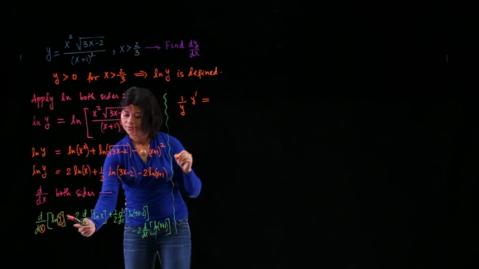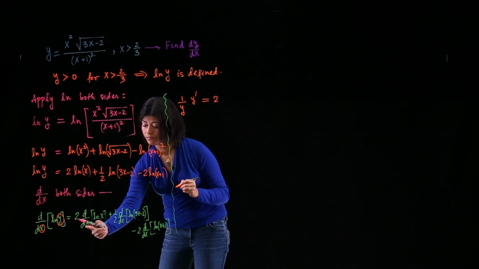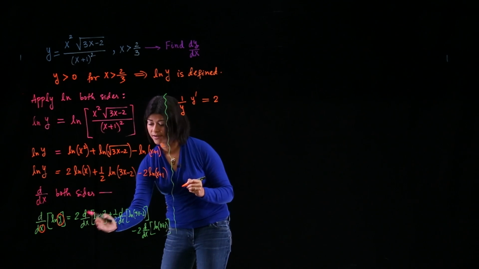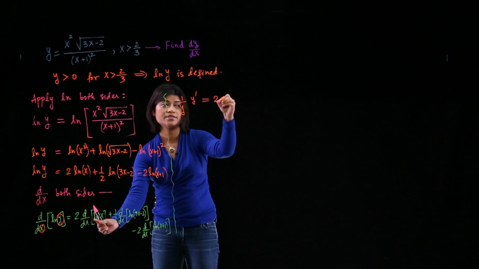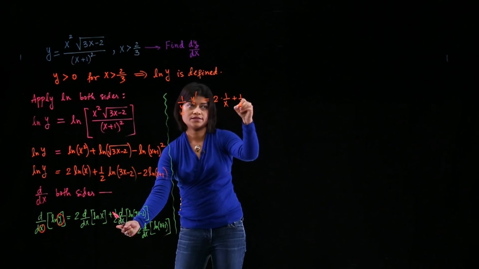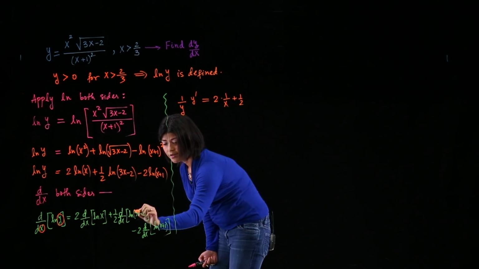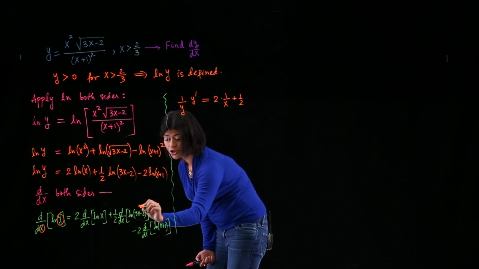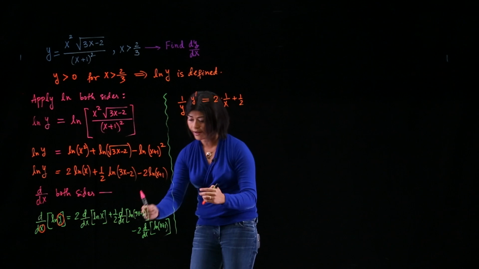Now, right hand side, 2 times. Here, you're taking the derivative of natural log of x with respect to x. Same variable, so the derivative of ln x is 1 over x. Next, 1/2 times. Again, notice here it's not just natural log of x, it's natural log of some expression. So chain rule again.